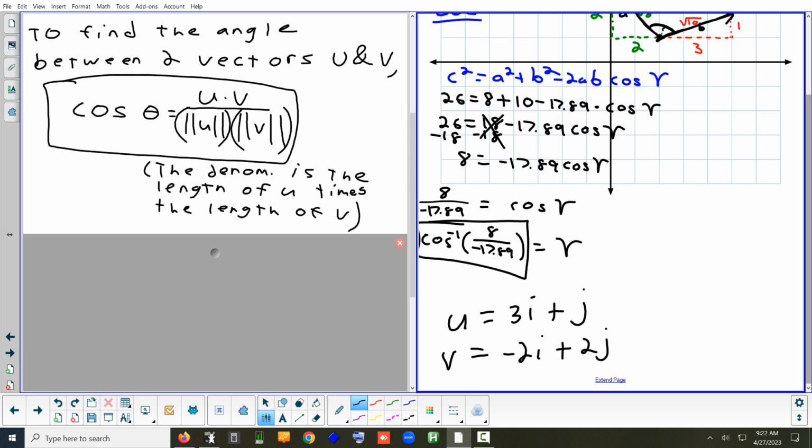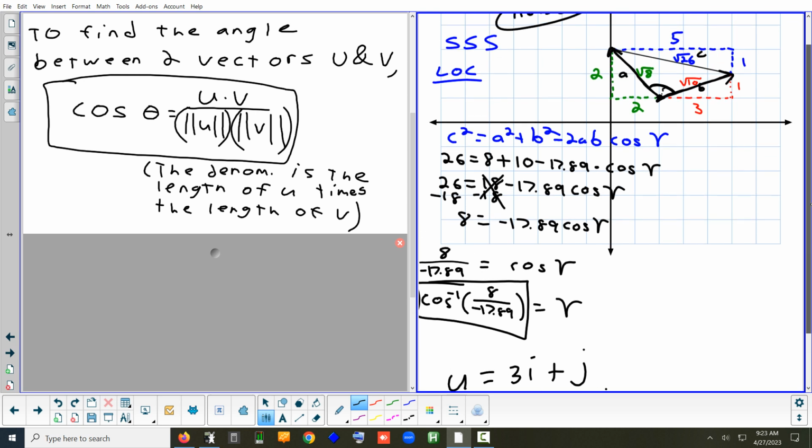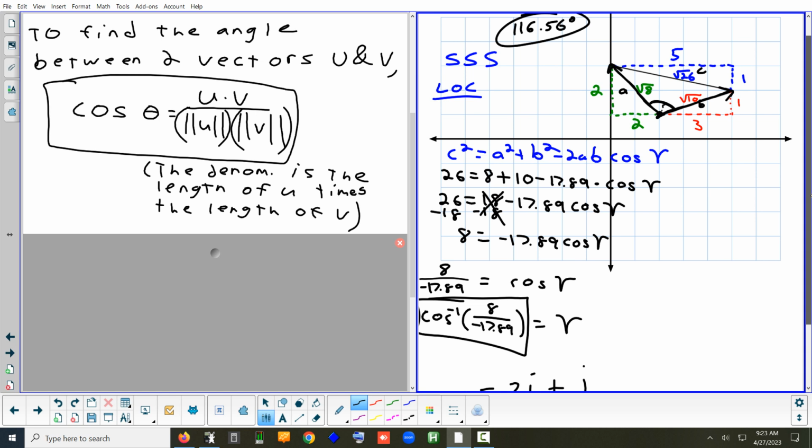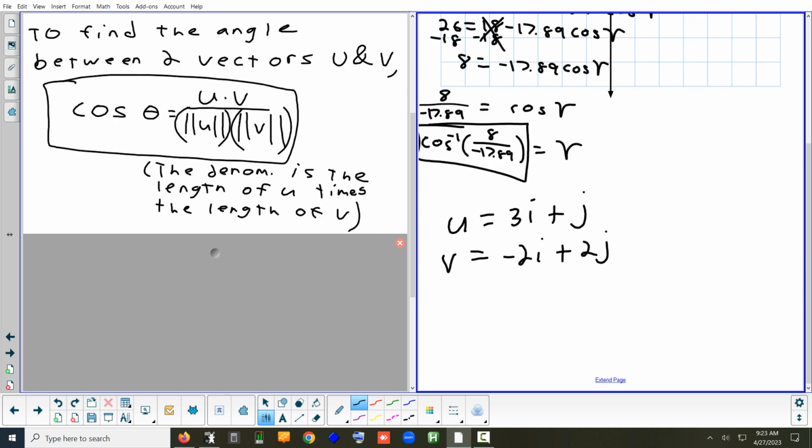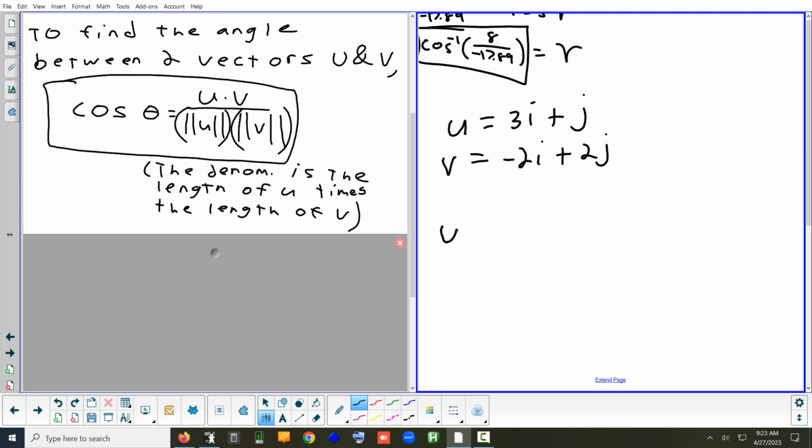Any questions on how I figured out the components for those vectors? It's basically these triangles that I just drew. But don't worry about this top one. You just need the ones that are bold. All right, let's do the dot product, u dot v.